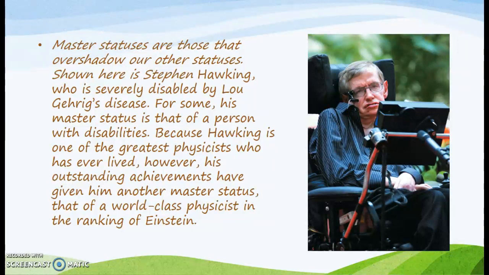The late Stephen Hawking now, who is severely disabled, or was, by Lou Gehrig's disease, right? But for some, his master status would be that of a person with disabilities. But of course, because Hawking is one of the most brilliant physicists who ever lived, his outstanding achievements have given him another master status, and that's world-class physicist in the ranking of Einstein. So that's what we mean by master status, okay?